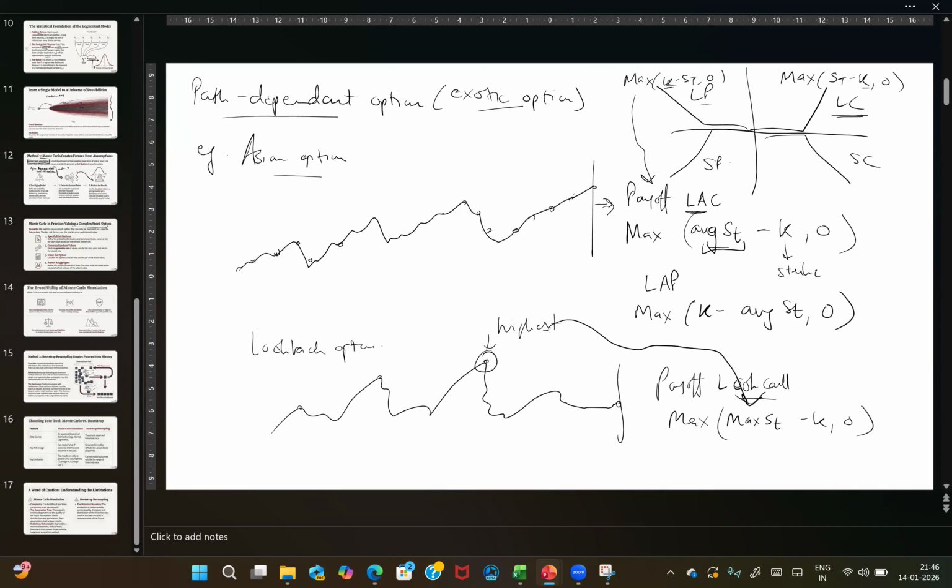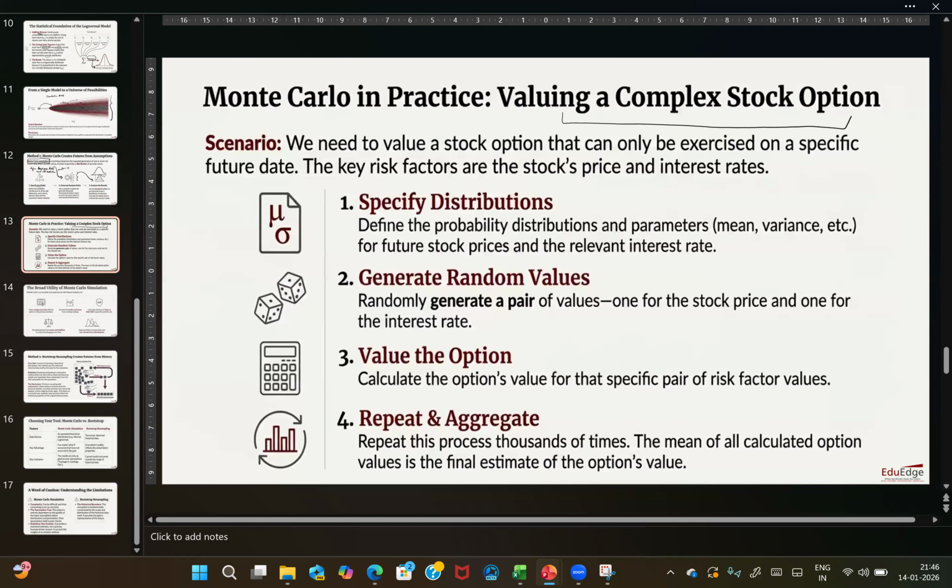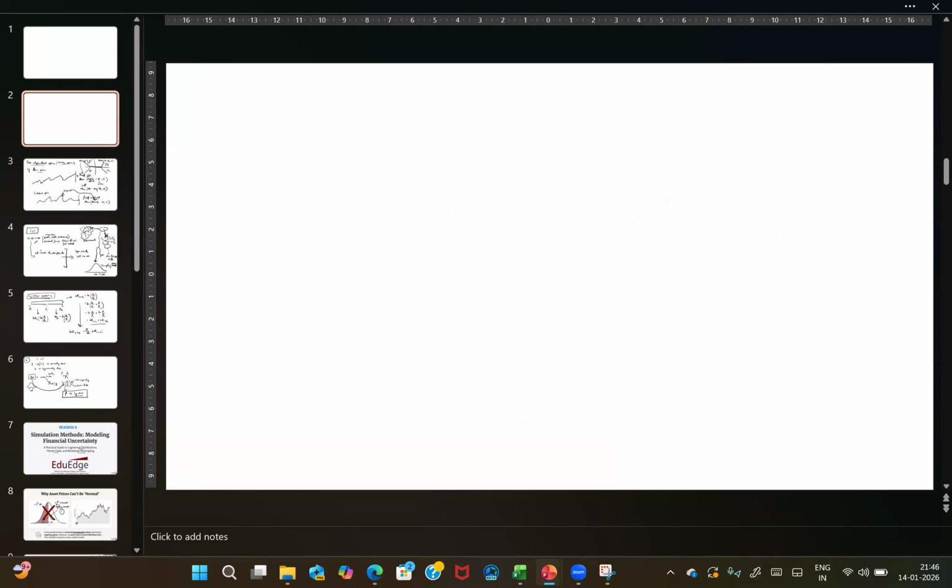So let's go back here. You need to specify the distribution. So how to put this into practice? Specify the distribution, generate random values, value the option, repeat and aggregate. Suppose we take the example of an Asian call option.